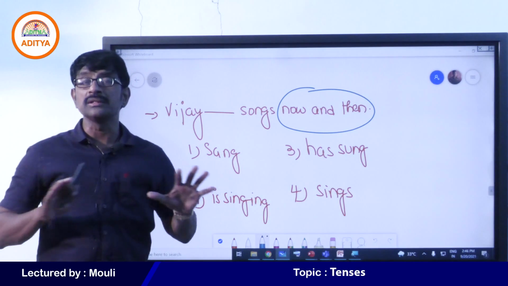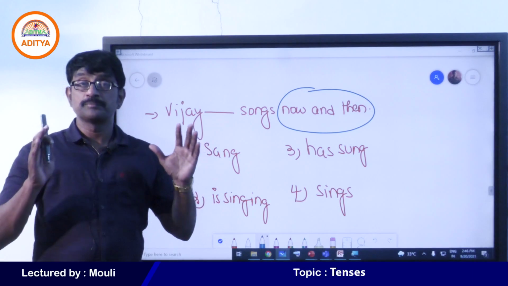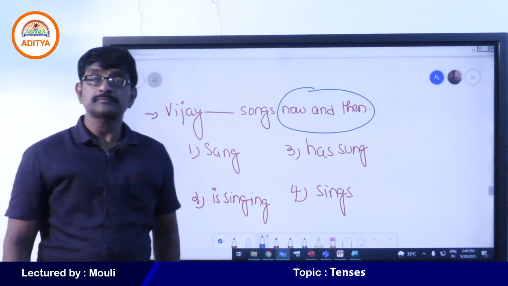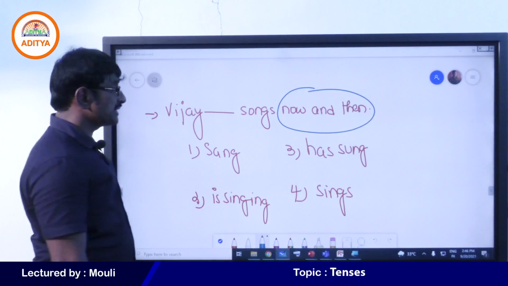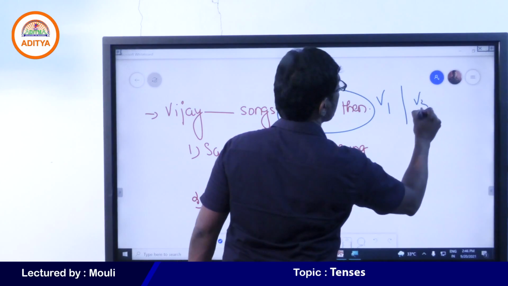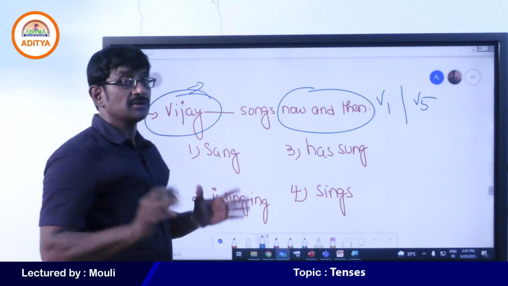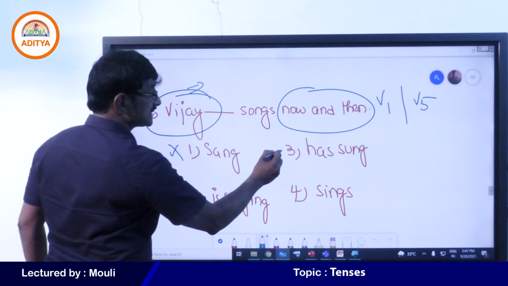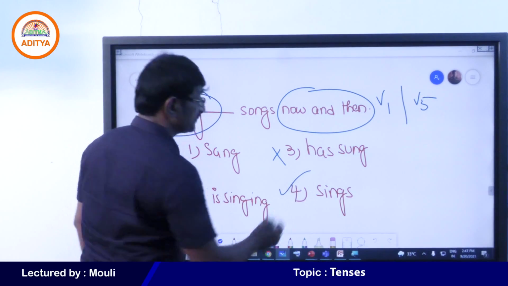All these are related to present simple tense. Whenever all these words come, we will go with V1 or V5. Here Vijay is there. We want V1 or V5. Others we don't want. This is V2, we don't want. This is V3, we don't want. This is V4, we don't want. V5 is the answer.